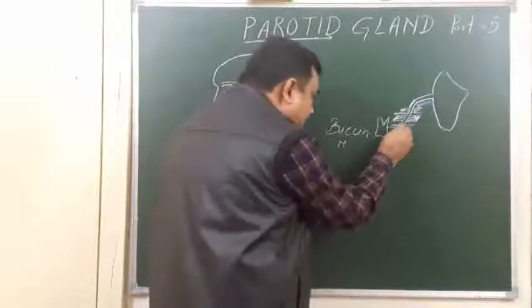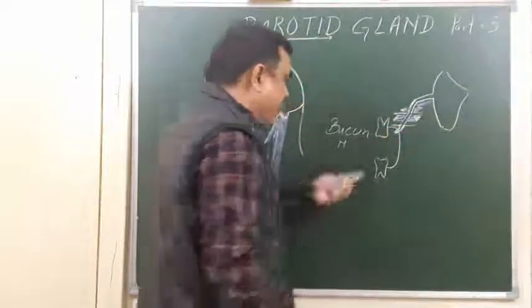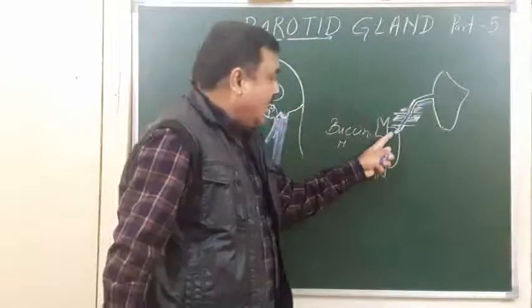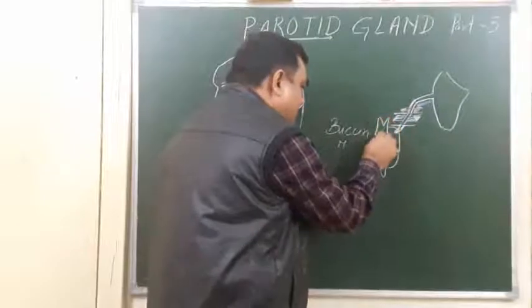So here it opens at the papilla. Then it opens in the vestibule of the mouth opposite the upper second molar tooth.